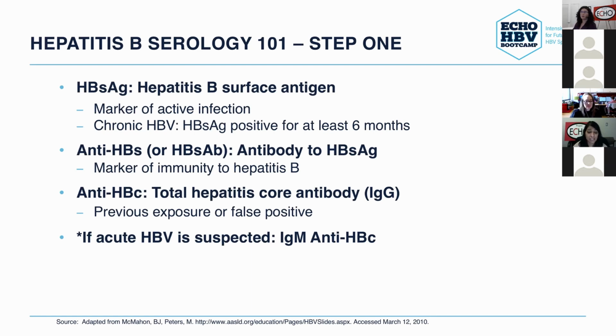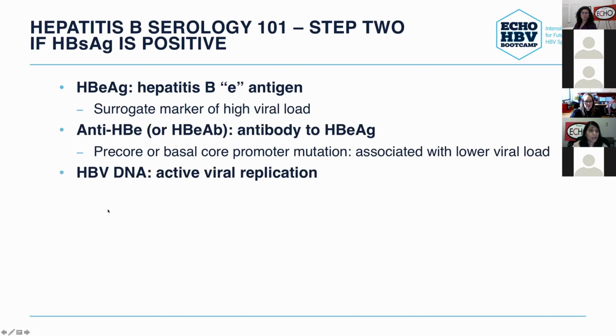And in those cases, you want to make sure that you are checking a hepatitis B core IgM antibody test. And if that's positive, that's diagnostic for acute hepatitis B infection. So again, in the right scenario where you're really suspecting very recent infection, this could be a really helpful test to check.